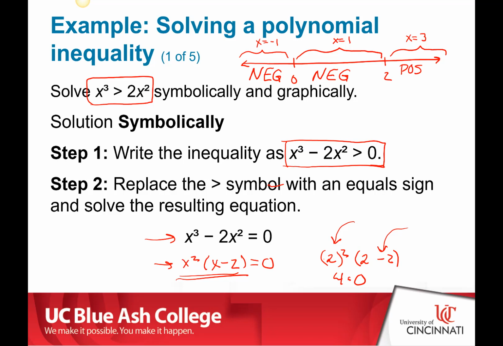Now be careful. Is 0 bigger than 0? No, it's equal to 0, but it's not bigger than 0. So 2 does not work here because the inequality just says greater than. If it would have said greater than or equal to, would it have worked? Yep. That's right, because it could be equal to or greater than 0.